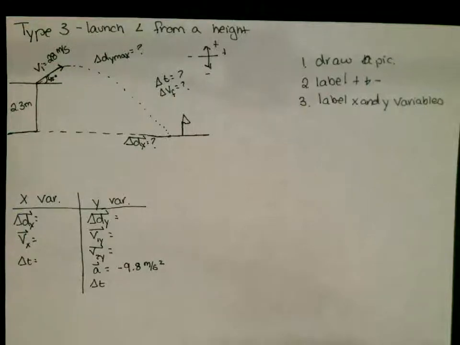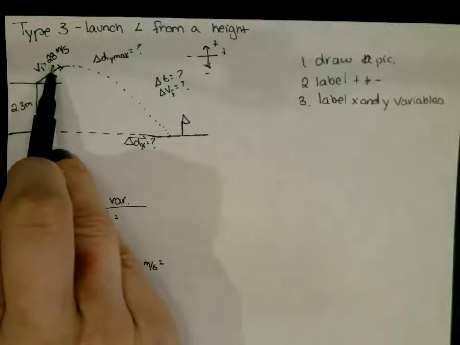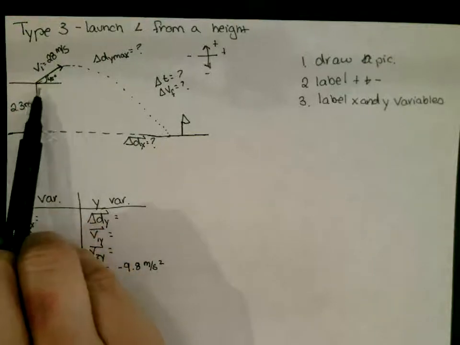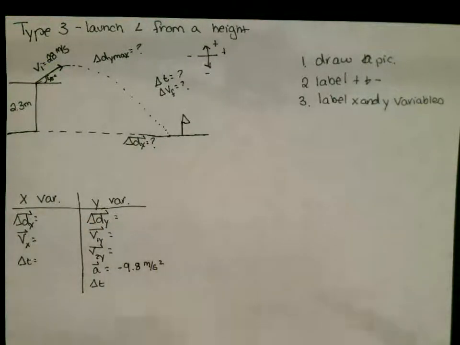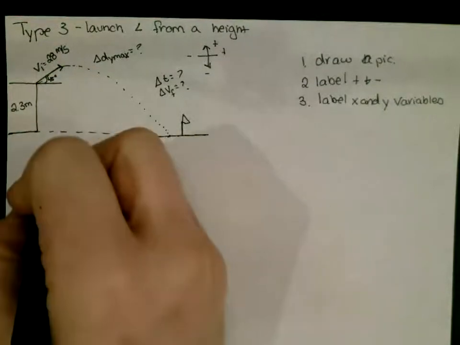All right, let's see what else I can fill in from what I know about this problem. I know this is 28 meters per second. And for every vector, I have to have an x and a y component. So I can figure out this x and y component down here. And I'm going to redraw this triangle just to make it a little bit easier to see.